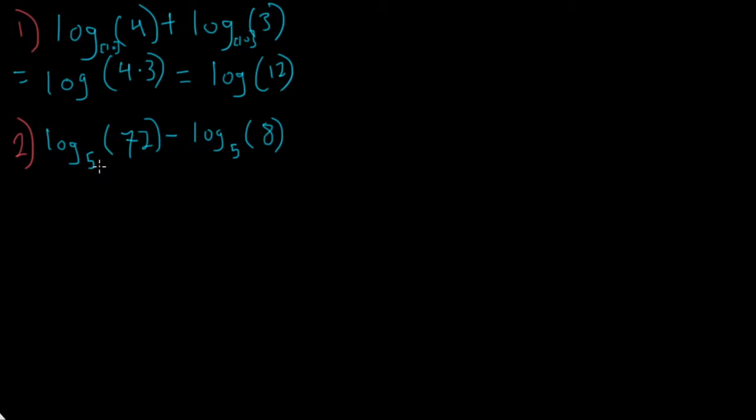First question you should have asked is, do they have the same base? Which they do, so that means we can work with them using our rules. So we bring these together and we get log base 5 of 72 divided by 8. And we know, of course, that 72 divided by 8 is 9, so that's your answer, log base 5 of 9. That's simplified.